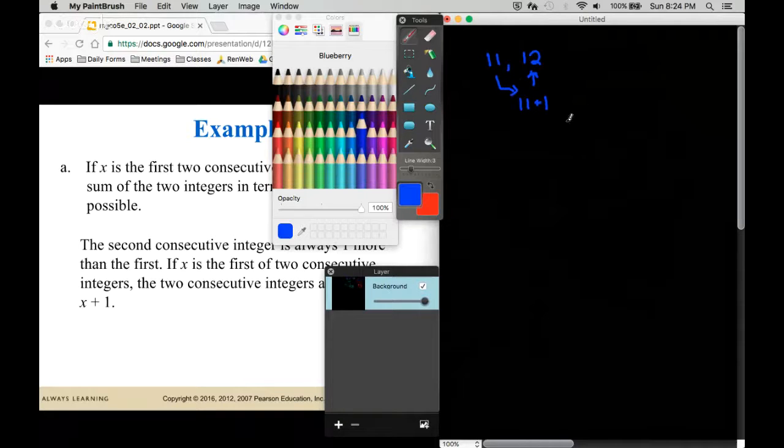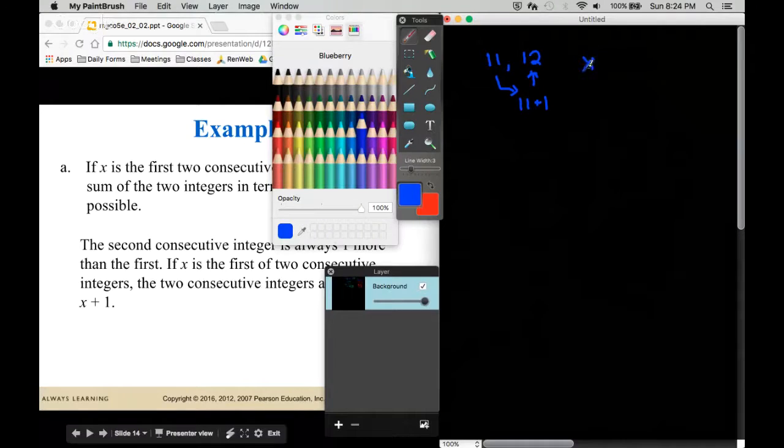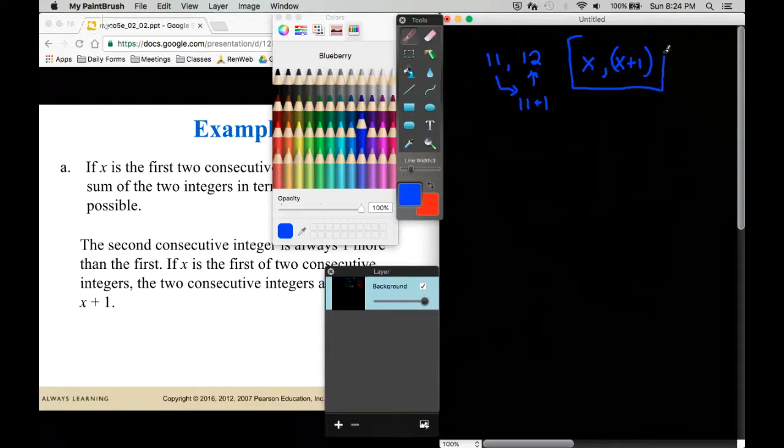Two consecutive integers can be labeled as simply being x and x plus 1. This would kind of be the formula, so to speak, that you would use for any consecutive integers.